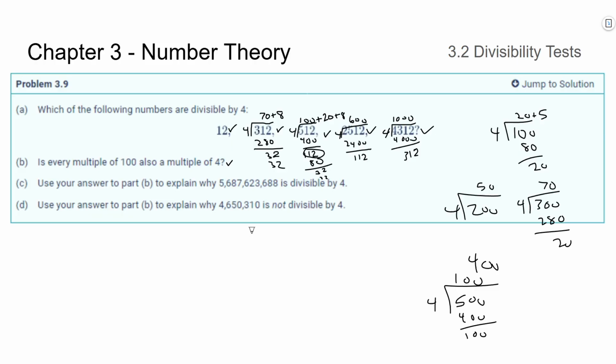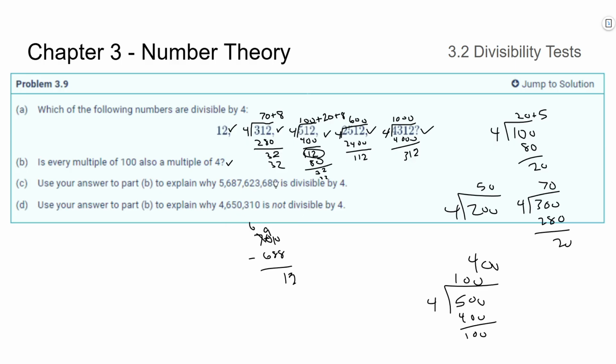And 700 minus 688, that would give us what? Let's see, 6, 10, 9, 10, that'd be 2, 1. So that'd be 12, and we know 12 is a multiple of 4.